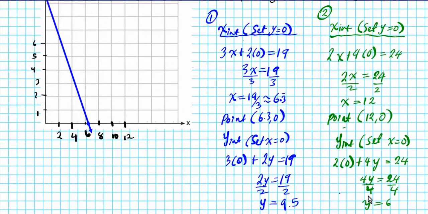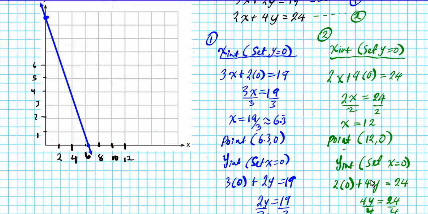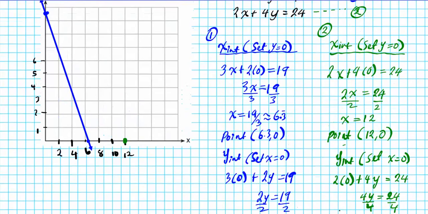For Carol, we have 12, 0. Let's draw that in green. That's her x-intercept. And then 0, 6 is right here. Just connect the two dots, and there goes the second line for Carol. So there goes the graphical representation of your system of equations.